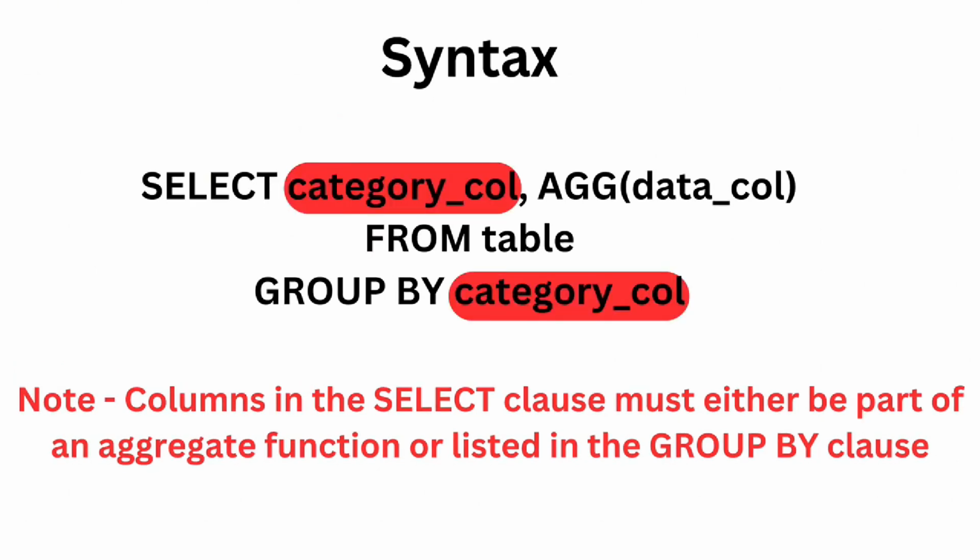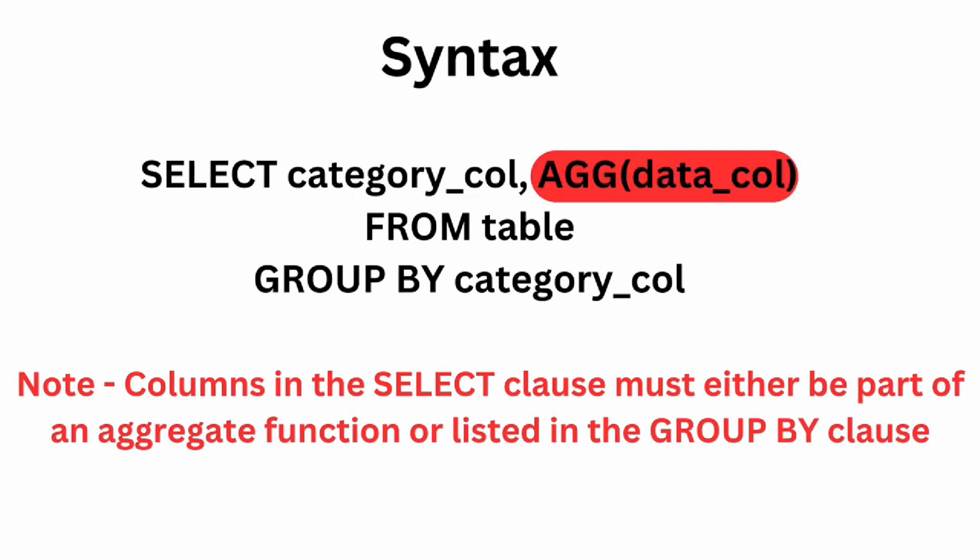If we're using a group by statement, then if we're selecting a particular column just by itself, it must be included in the group by statement. Notice here, I've decided to select the category column, so that particular column must also appear in the group by statement. The only exception to this is if I'm calling some sort of aggregate function on the column itself. In this case, because I'm aggregating something on the data column, it does not need to be included in the group by statement.